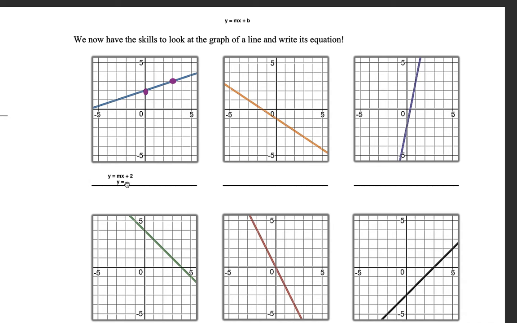So my rise is 1. That's my top number. It's 1 over, and so I rise 1, and then I run 1, 2, 3. And now we can put it all together. So 1/3 x plus 2. That's our equation right here, this bottom one.